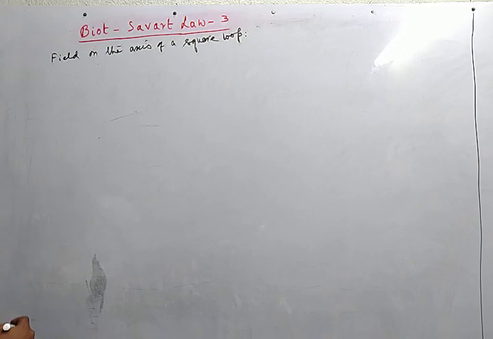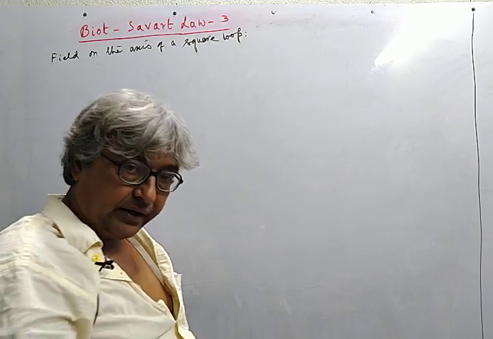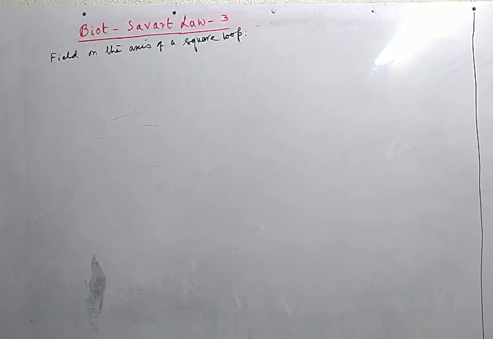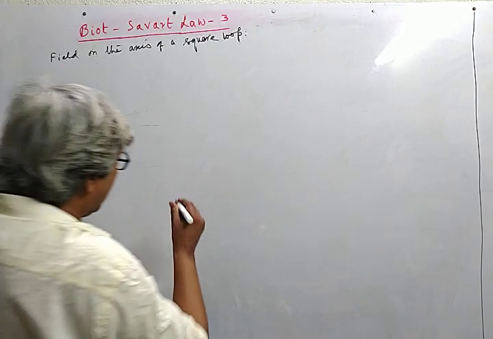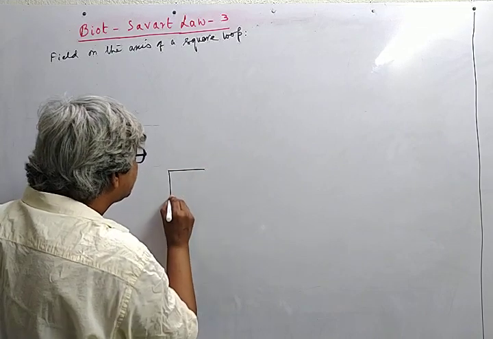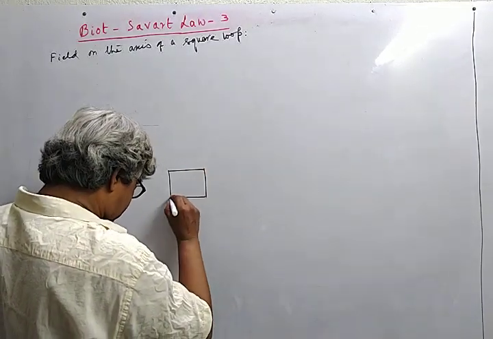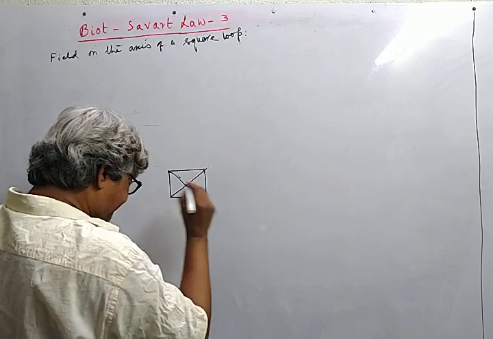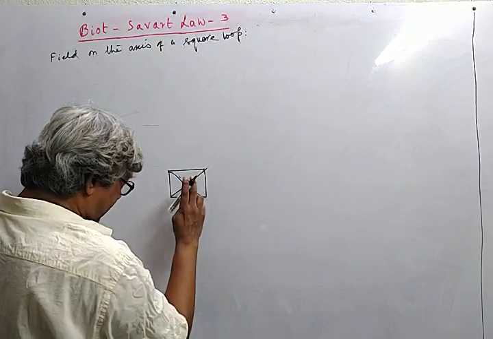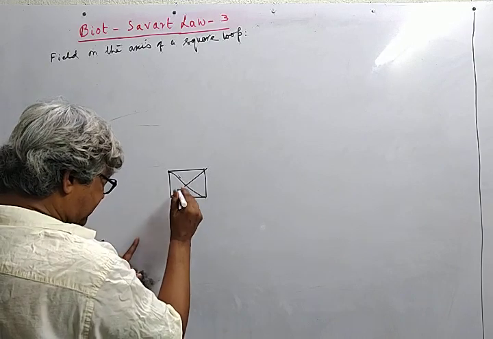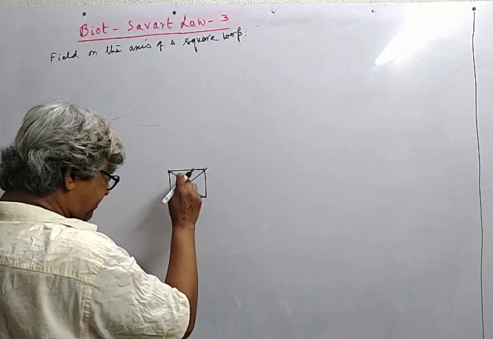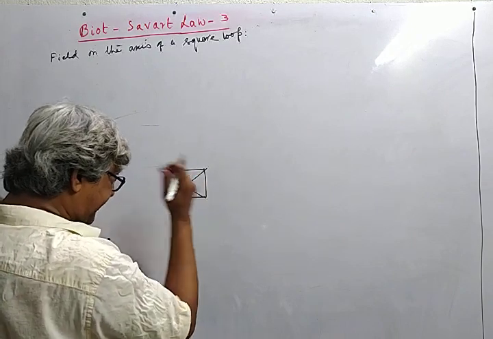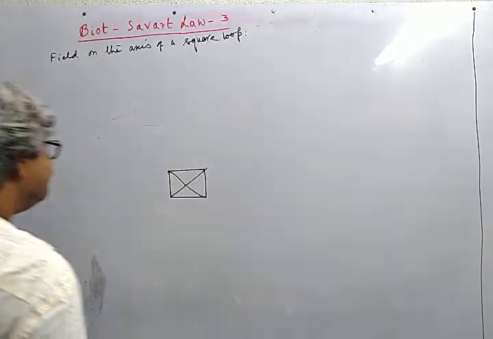We consider a square loop of length L carrying a current I. Our aim is to find out a field at a point which is at a distance z above the central point, the meeting point of the diagonals, in a direction perpendicular to the plane of the square.